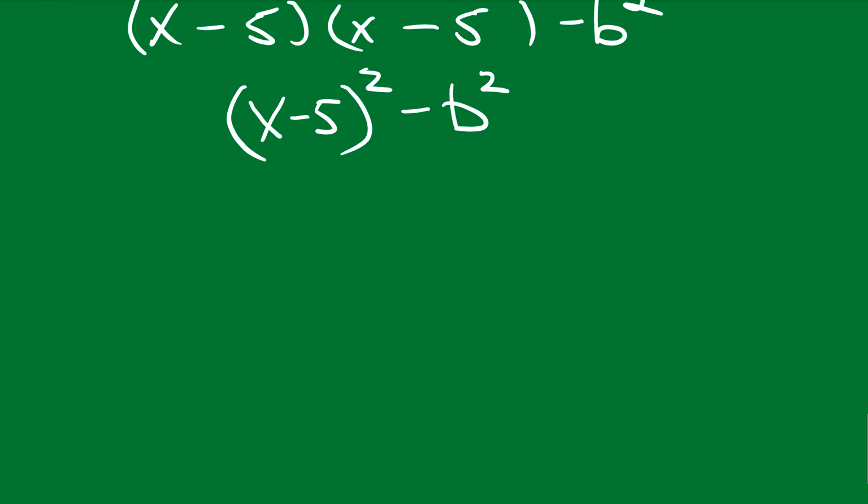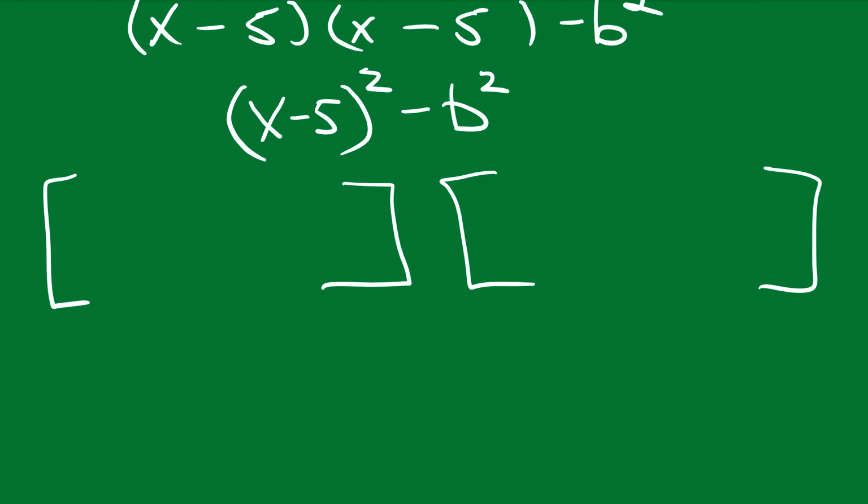So if I do have a difference of 2 squares, then I'm going to write this up as, let's see, I'll do something a little fancy here. I'm going to write this up in my brackets here. Brackets and parentheses are the same, so same usage. So I'm going to put an x minus 5 here times an x minus 5 here. All right, my signs are going to be a minus and a plus.